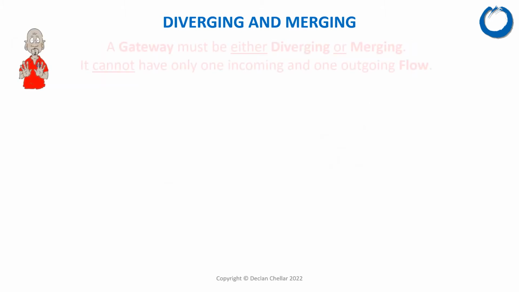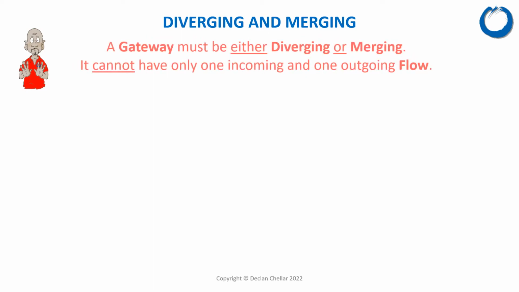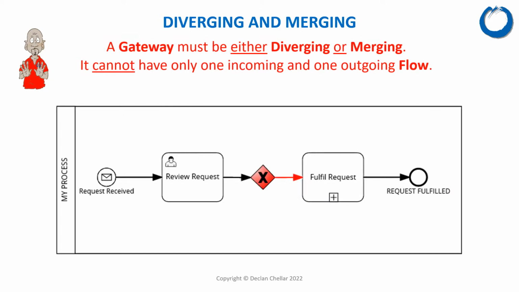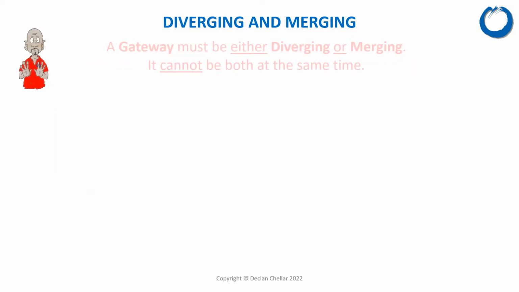A gateway must be either diverging or merging. It cannot have only one incoming and one outgoing flow. It cannot be both at the same time.